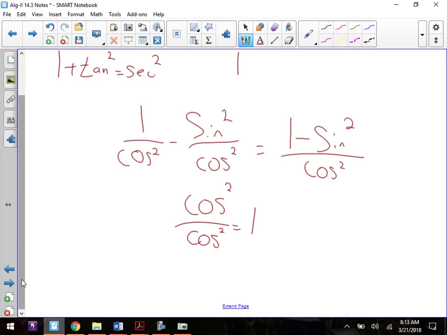What happens with a lot of this, and I don't want to do anything with verify today. All I'm looking at today is ways to simplify. Okay. All I want to do is use a couple of identities to go through and simplify.